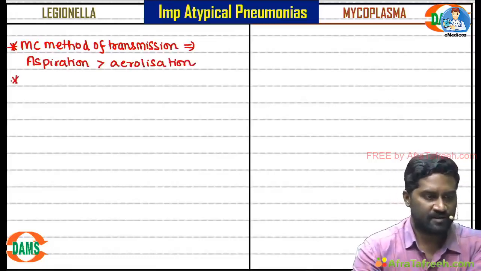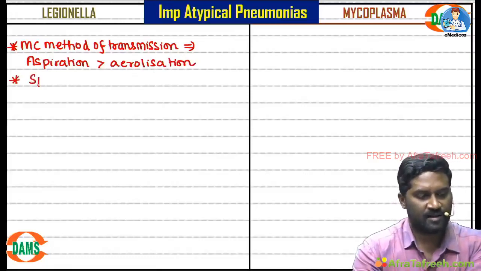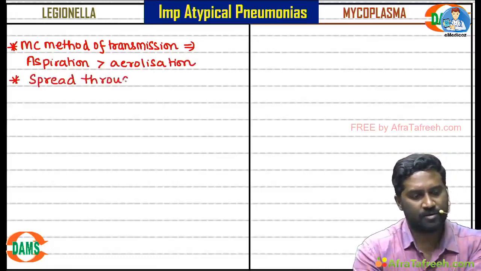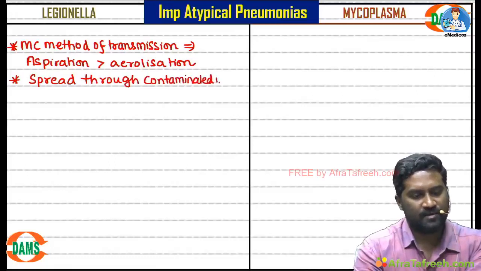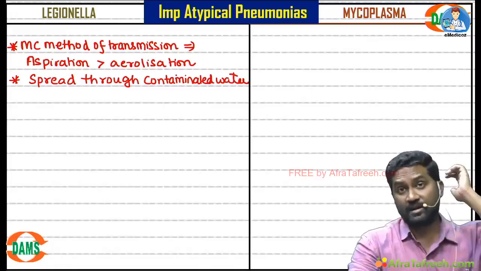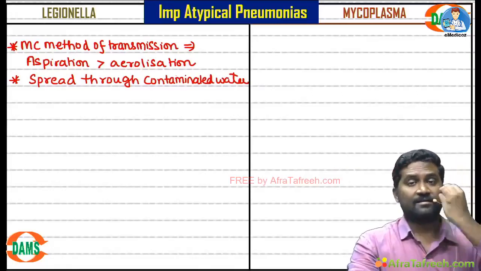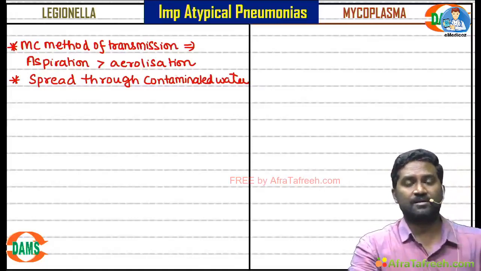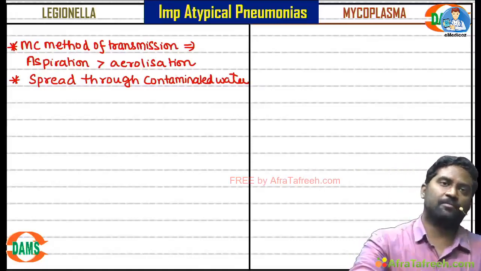The reason is Legionella is spread through contaminated water. Point to remember, students: these patients are going to drink that contaminated water and later the organism can aspirate into the lungs. That is the most common mechanism.